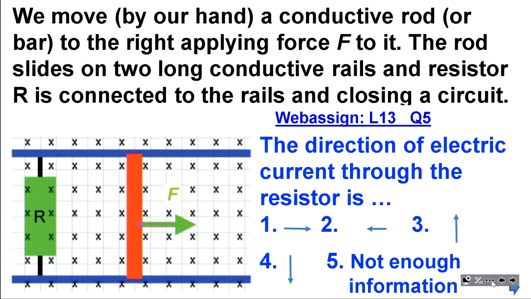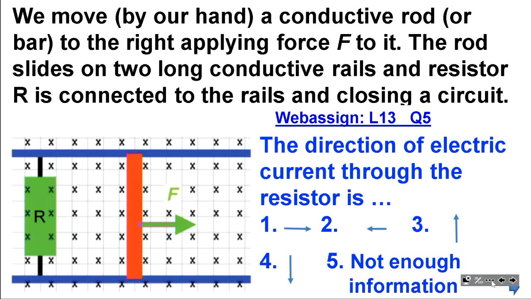In this experiment, magnetic field again points away from us. The same aluminum bar is being moved in the same direction to the right. But now we complete a circuit using a resistor.